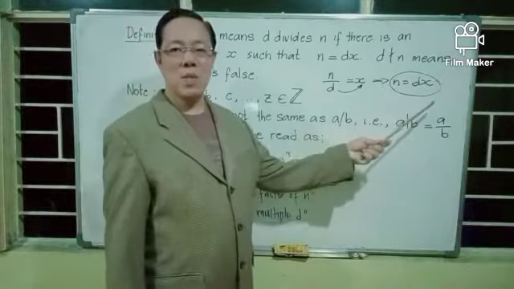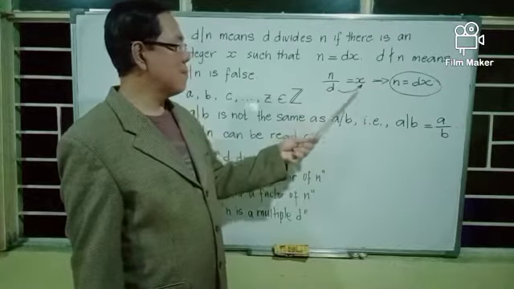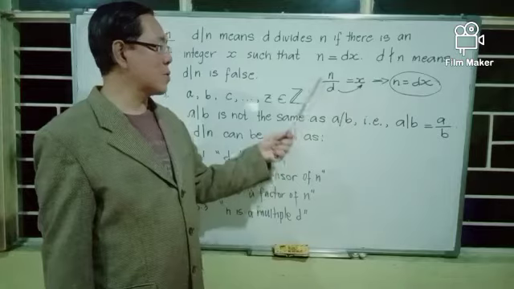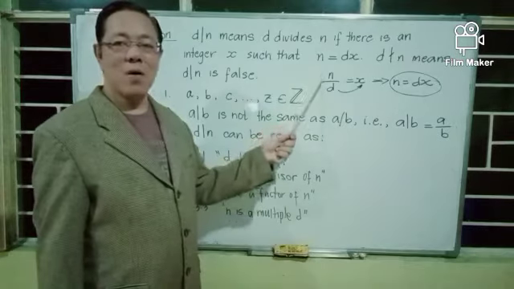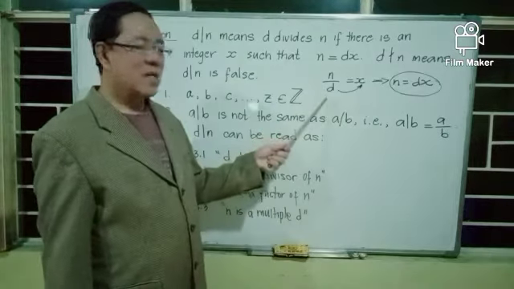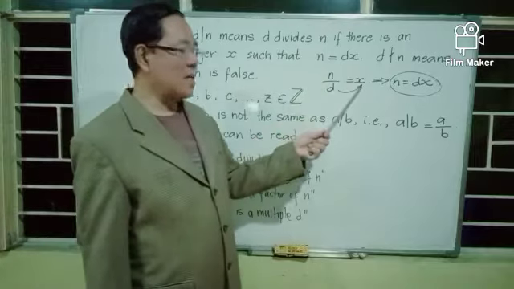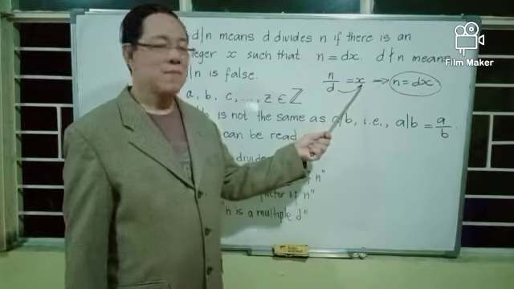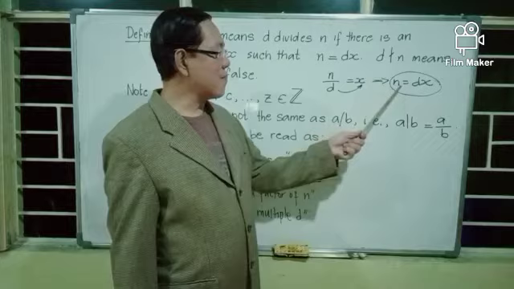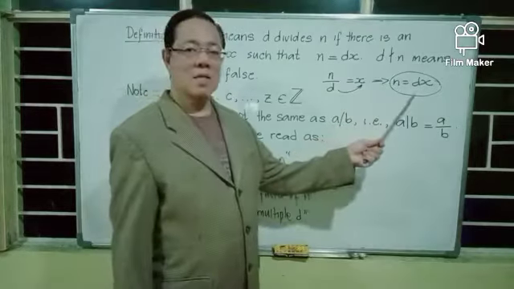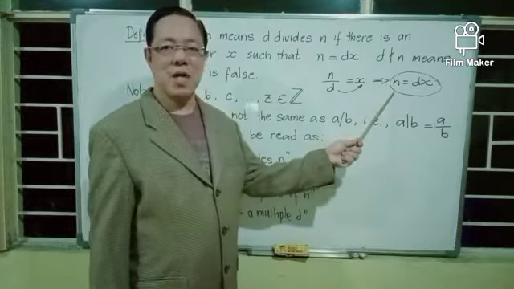But this will only be true if there is some x, which is the answer to the division n over d. So we say d divides n if there is some integer x such that if d is multiplied by x, the answer is the integer n.